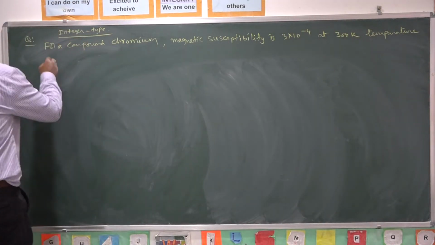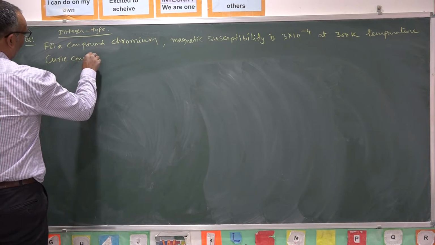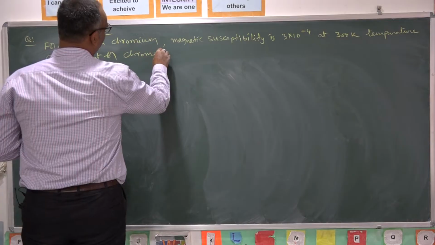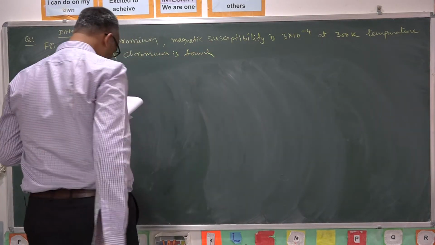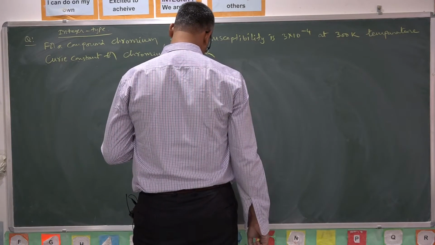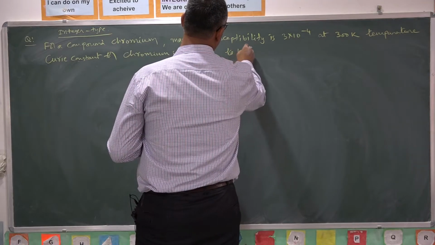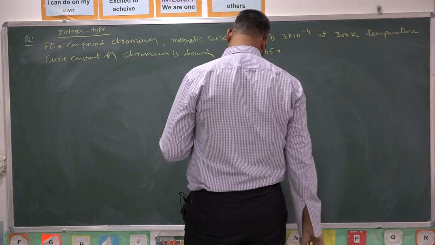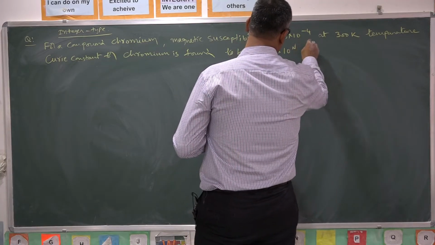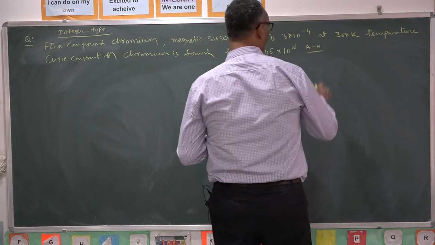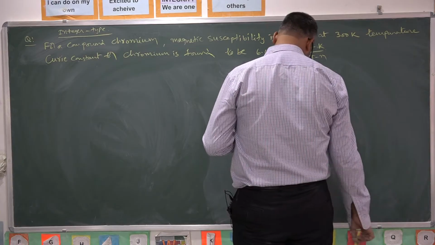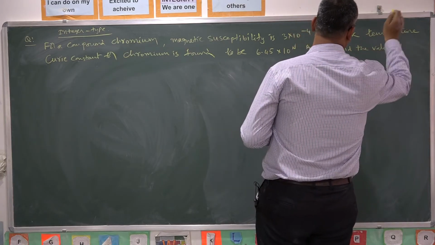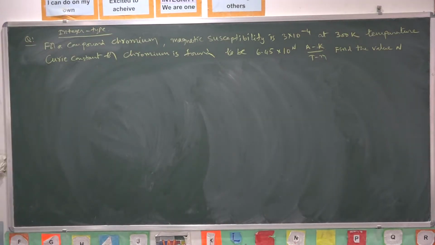Curie constant for chromium is found to be 6.45 into 10 power n ampere Kelvin per Tesla meter. Find the value n. This is the question.